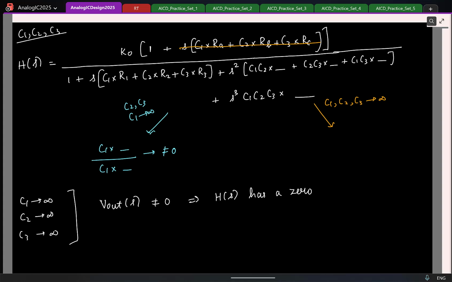Yeah, because numerator will have just the constant term k0, denominator will have a C1 term that will be dominating, so this will tend to 0. So which means I can write the statement here. If h of s has no 0, and then I tend, let us say, any of the capacitors to infinity, the output should go to 0.